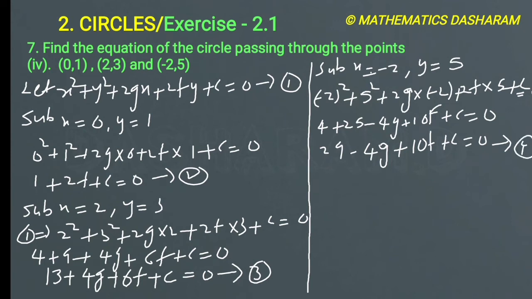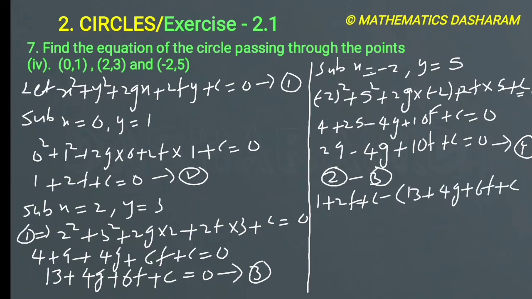So to find the f, g and c values, first equation 2 minus equation 3. Equation 2 LHS, 1 plus 2f plus c, minus, take the bracket, equation 3 LHS, 13 plus 4g plus 6f plus c, equals 0.